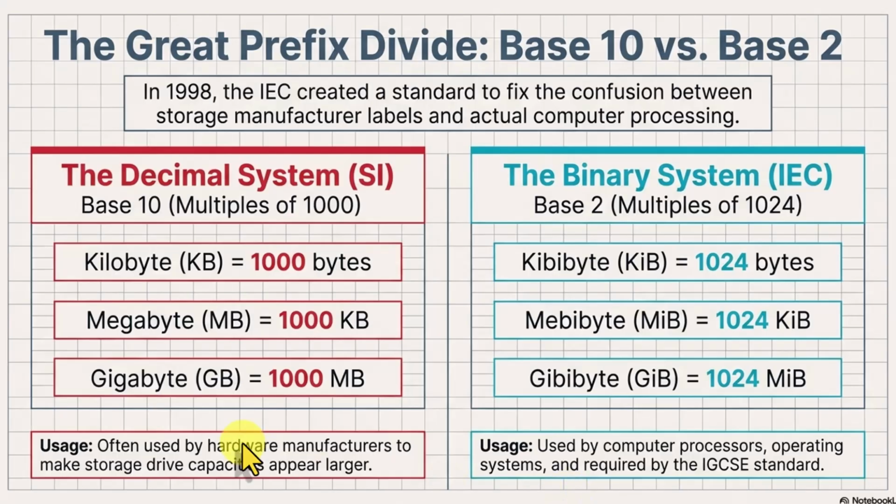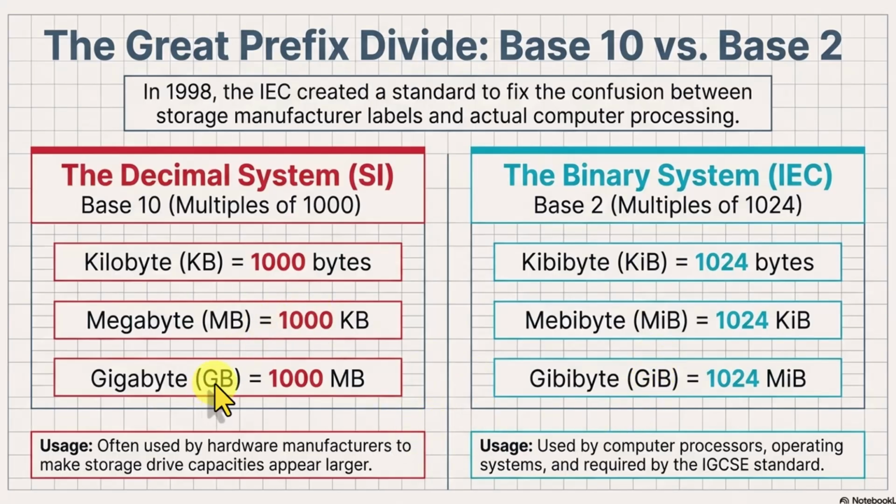That's why when you buy storage devices, for example flash drives or SSDs, it is written, for example, 500 GBs. But when you open it inside the computer, it shows somehow less than that, okay?